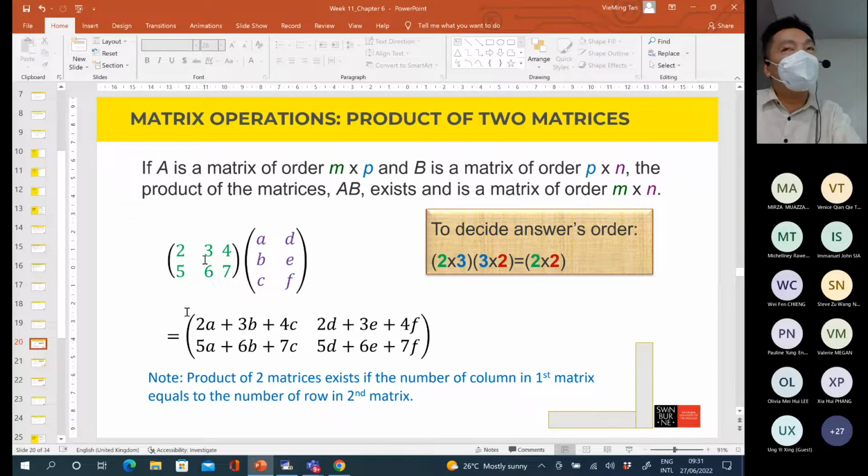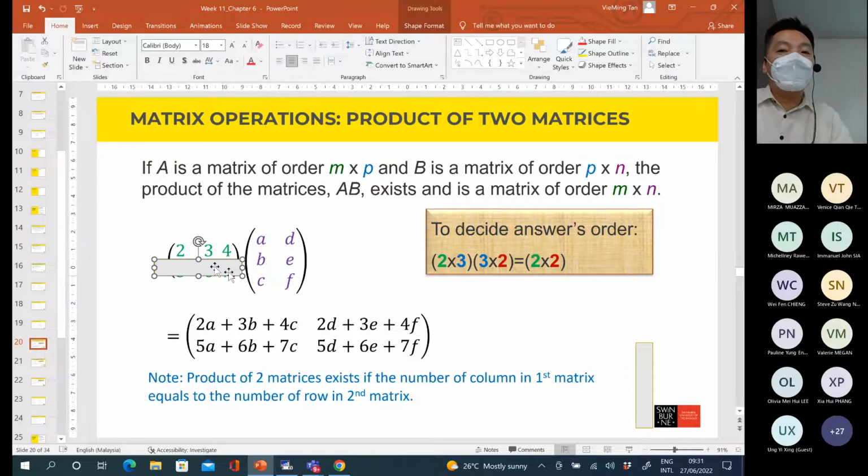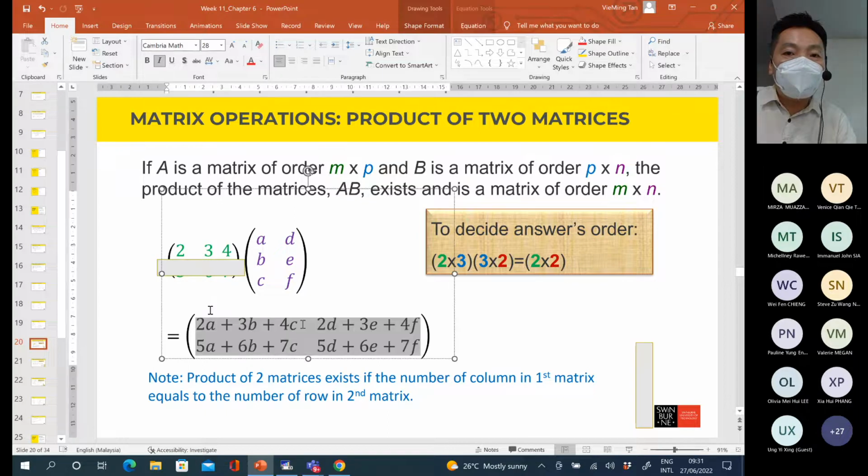Because it's A11, it involves all the numbers on the first row of your first matrix. So I'll just hide the second row temporarily. Now we want to focus on this one, how to get this part.